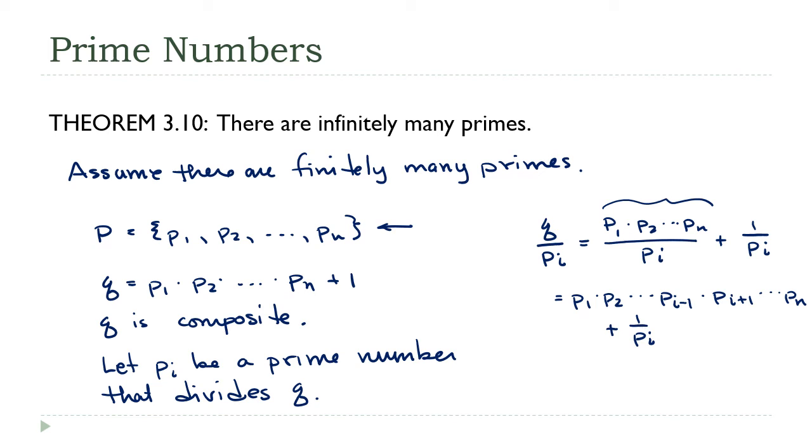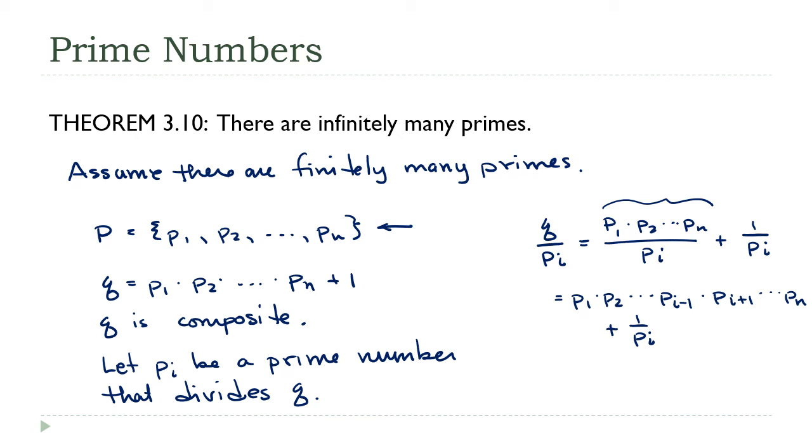Okay, if P sub I divides Q, then this thing has to be an integer, and it's not, because P sub I does not divide 1. The only number that divides 1 is 1 itself. And you remember our definition, 1 is not a prime number.